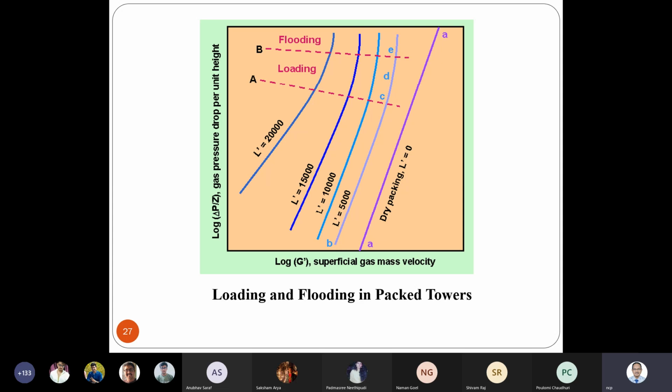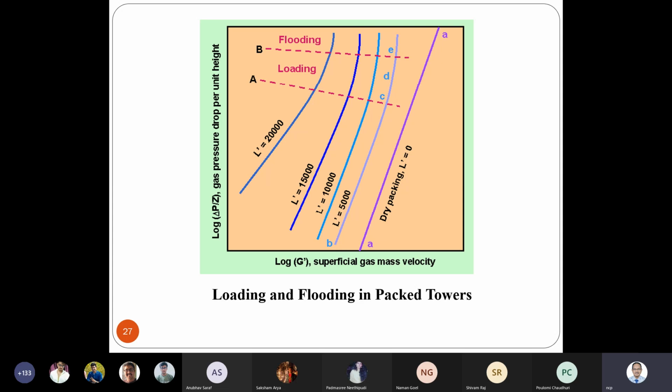Then the pressure drop follows this type of relationship, and the slope of this line is generally 0.8 or so, which basically represents the turbulent flow of the gas. It is basically a linear variation, as you know from fluid mechanics, pressure drop versus gas flow rate.